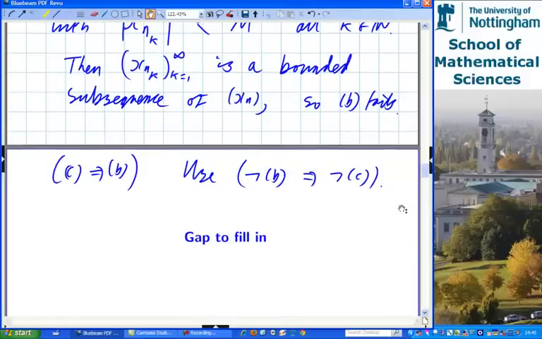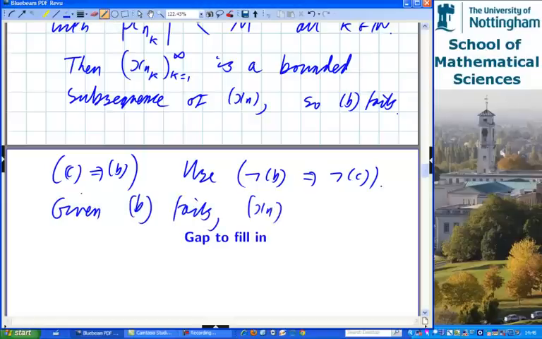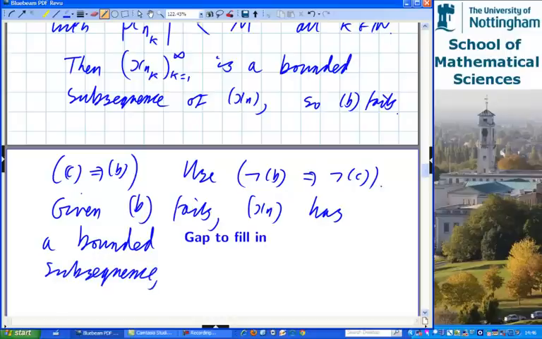So given that B fails, that means xn has got a bounded subsequence. And I'll use different notation this time. Xn has a bounded subsequence, say yn.